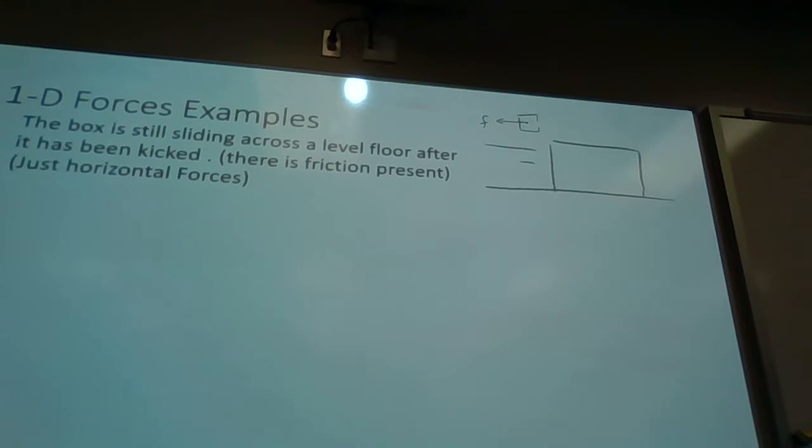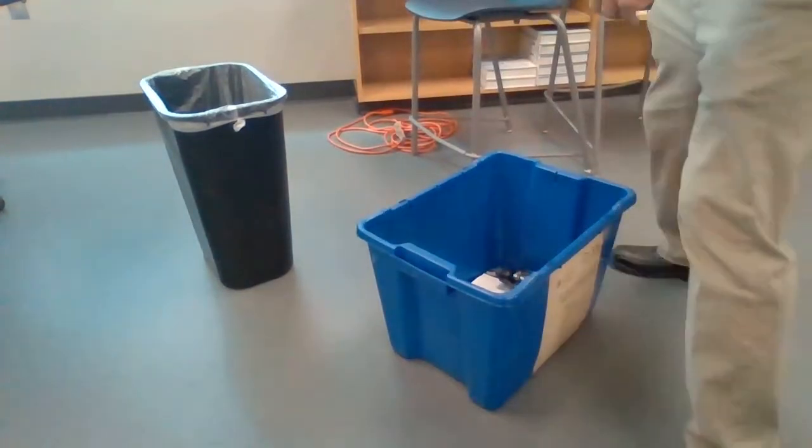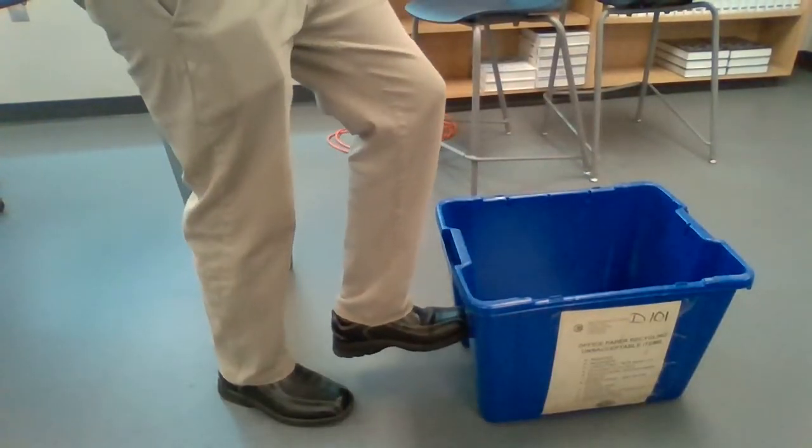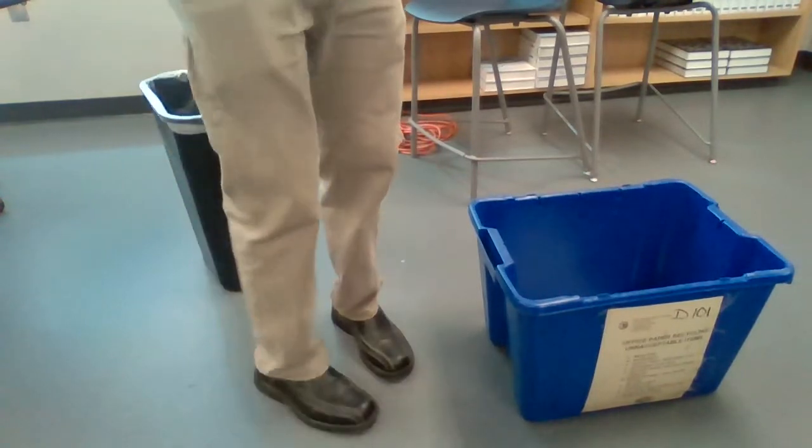Initially, the box's inertia is at rest, wants to stay at rest. As I exert a force on it, it's like, "Ah, don't like that. I want to stay at rest."